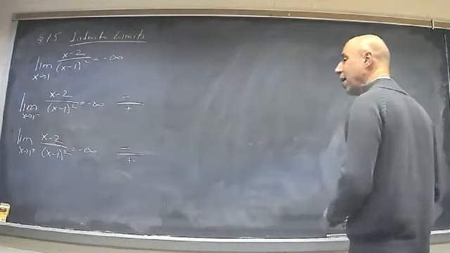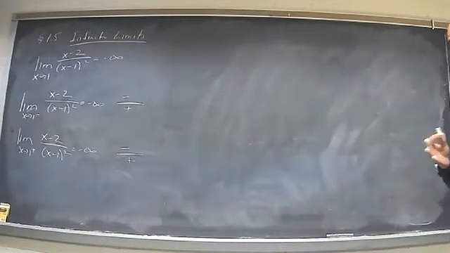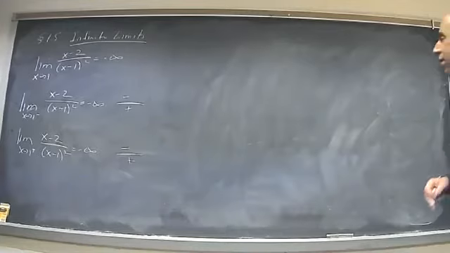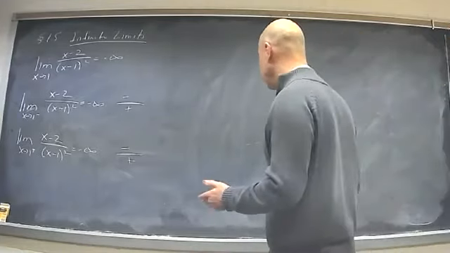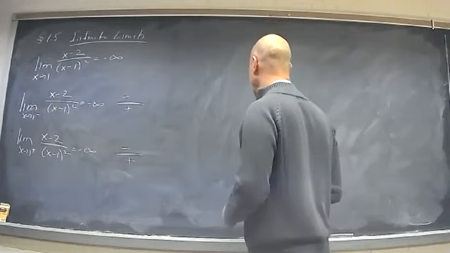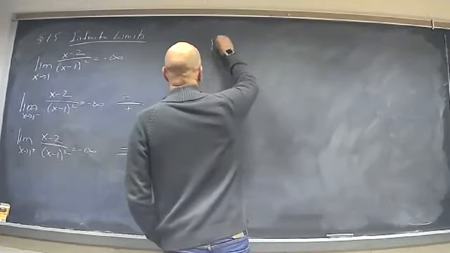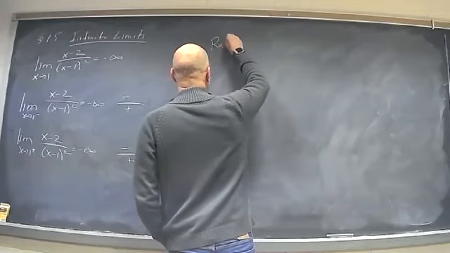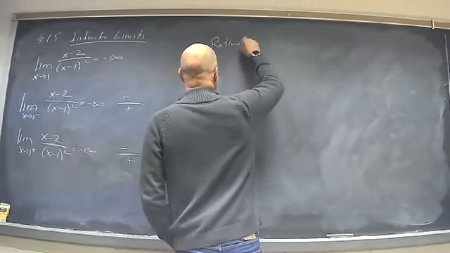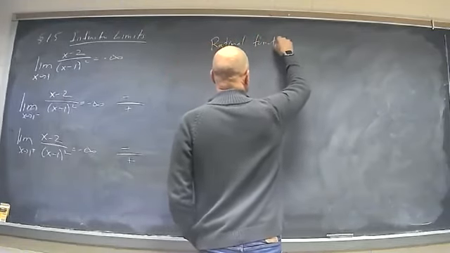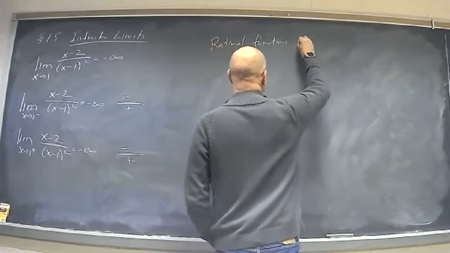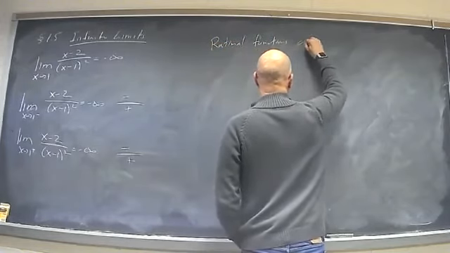Now, I want to remind you of something that you learned, hopefully, in a pre-calculus class at some point. And we talked about this briefly when we did our review of pre-calculus. So rational functions, polynomials divided by polynomials, can have only two kinds of discontinuities.